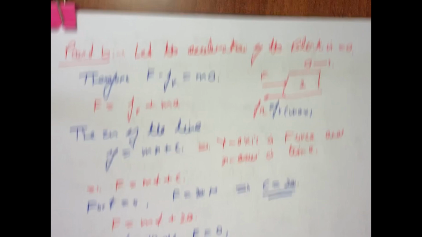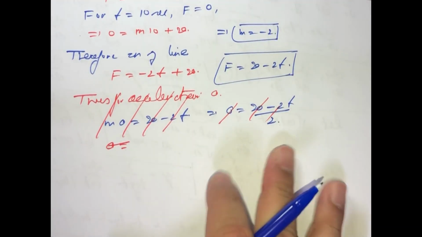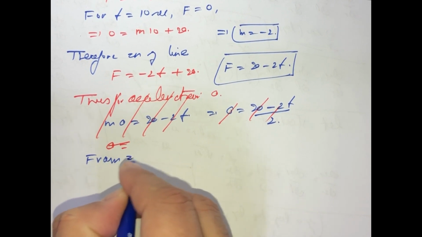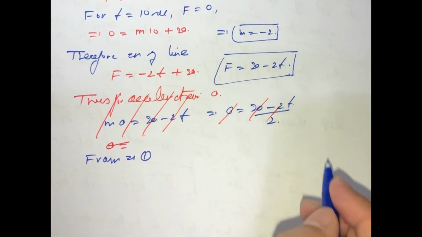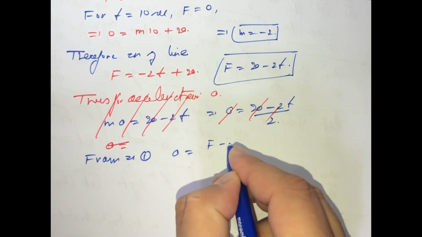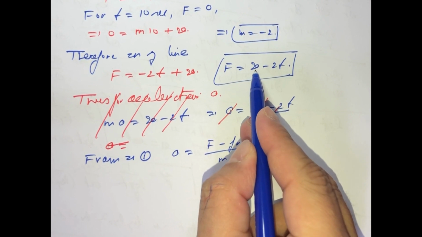The equation for the acceleration, let us call this equation number 1. So from equation 1 we get acceleration is equal to F minus Fr divided by m, and F we already know is 20 minus 2t.